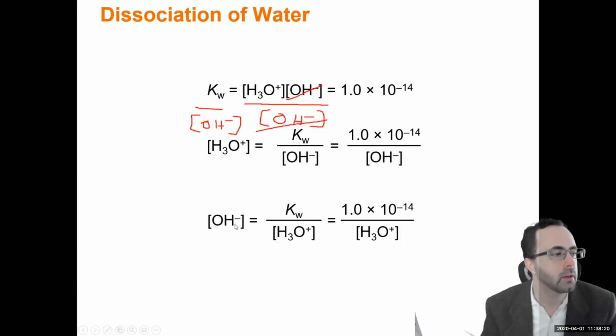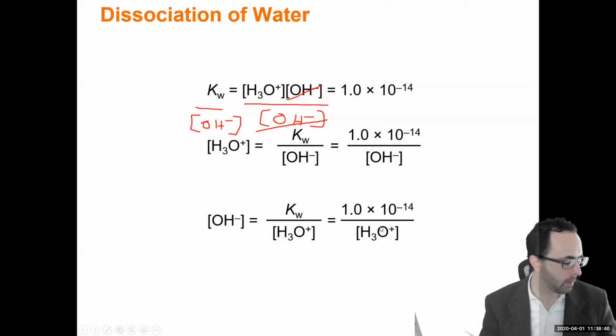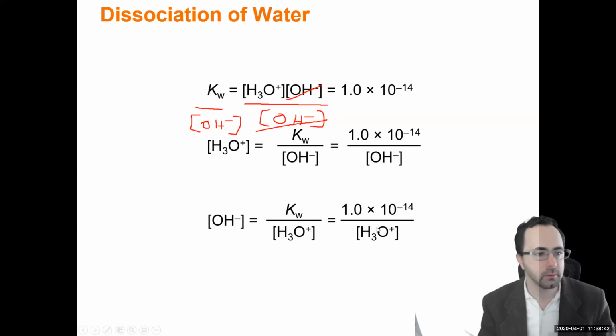And so hydroxide concentration will be Kw divided by hydronium concentration. So if we have hydroxide, we can get hydronium by using this. If we have hydronium, we can get hydroxide by using this. And so the Kw equation is going to be really, really valuable for us. Questions on that idea?